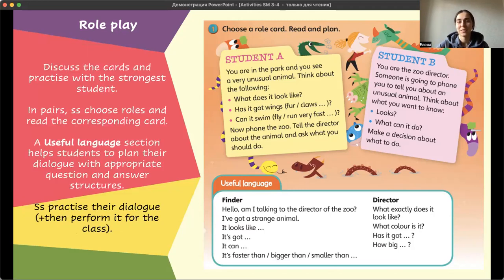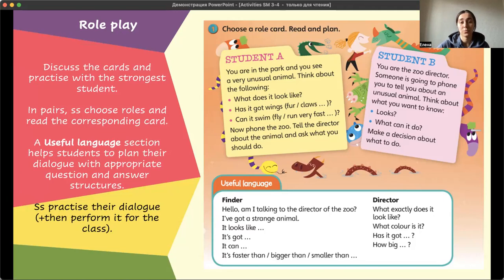Then you discuss these 2 cards with students. Then you can ask one strong student and act out the dialogue with him. Then you ask students to work in pairs, and they choose the card. They use this language in the box, which helps them to plan the dialogue, and they practice.